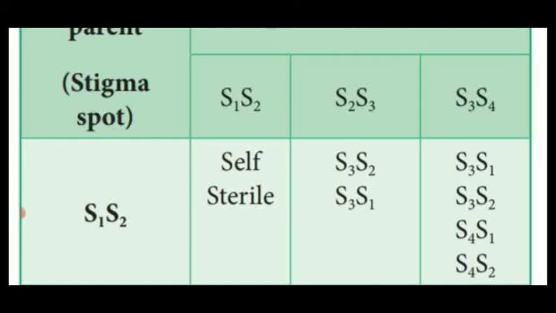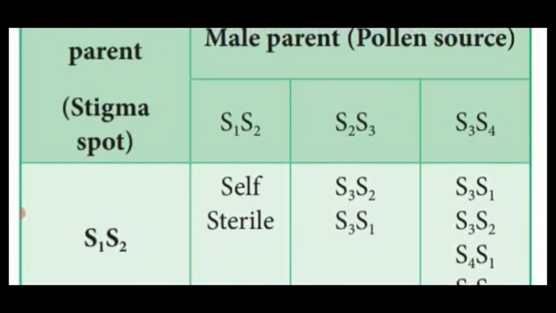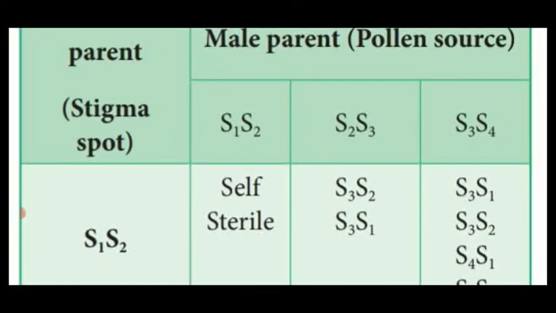Next one is that both of them are different. 1, 2, 3 and 4. So we have to multiply S3 with S1 and S2. So S3, S1, S3, S2. Another one, S4, like S4, S1 and S4, S2. So likewise, these are all the different multiplication or hybridization processes taking place between the stigma and the pollen grains.